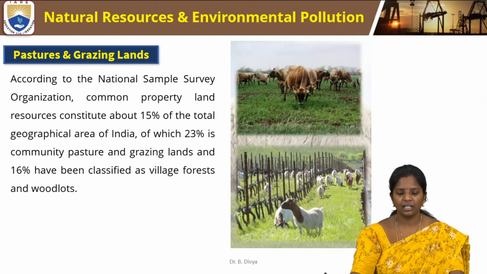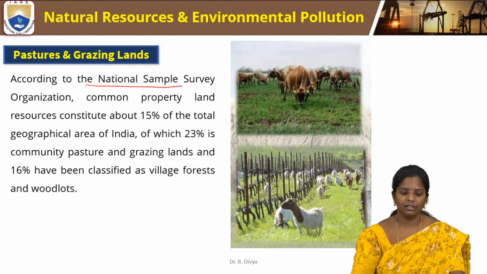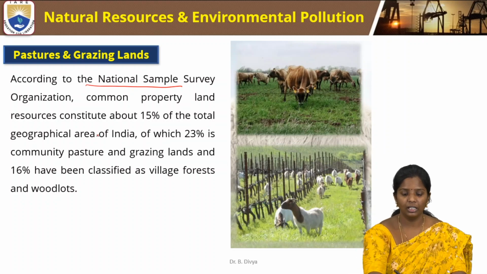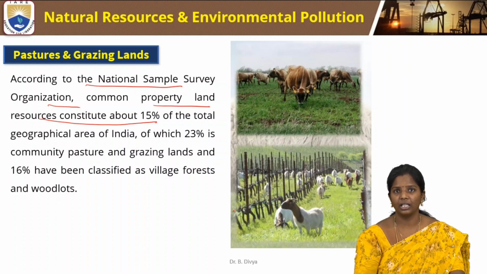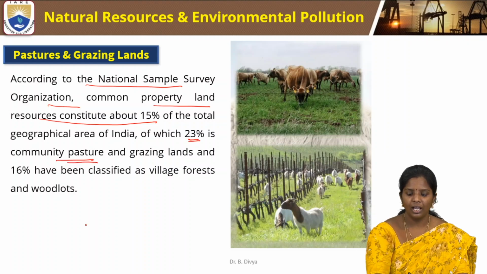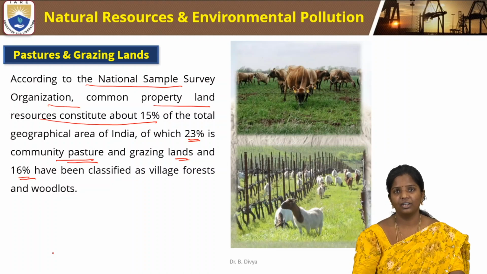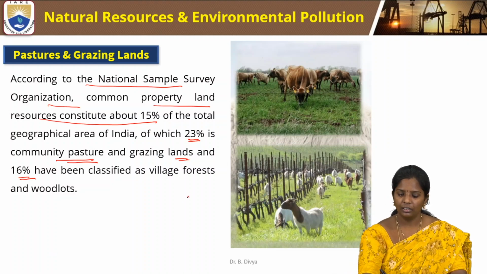Pasture and grazing lands, as we have mentioned, that according to the National Sample Survey Organization, which is surveying, common property land constitutes about 15% of the geographical area of India, wherein 23% is community pastures and grazing lands and 16% have been classified as village forests or woodlands. It is nothing but community lands.